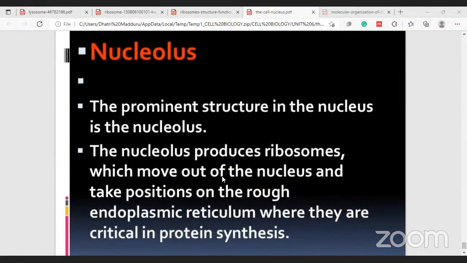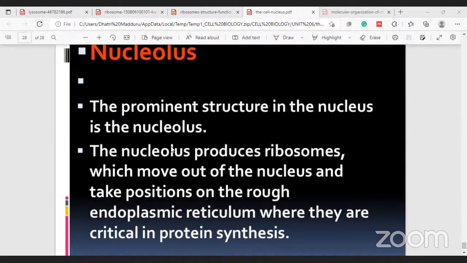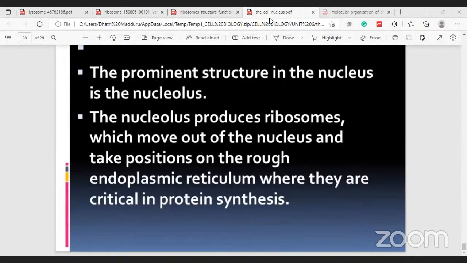Next, the nucleolus is a prominent structure in the nucleus and it produces ribosomes, which move out of the nucleus and take position on the rough endoplasmic reticulum, which is critical for protein synthesis, or some ribosomes may be freely distributed in the cytoplasm. So this is about the nucleus structure.